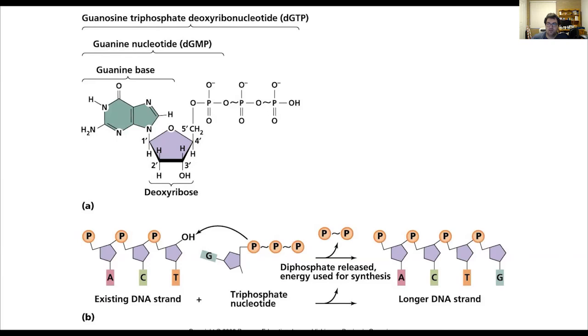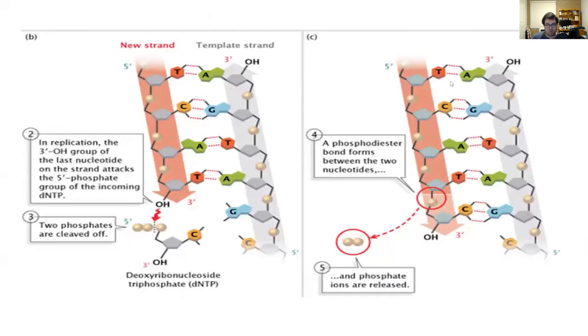All right. And so all that tells you about how the whole process works. The bonds that are formed are called phosphodiester bonds, which eliminate a small molecule, the phosphate ions being released from it.